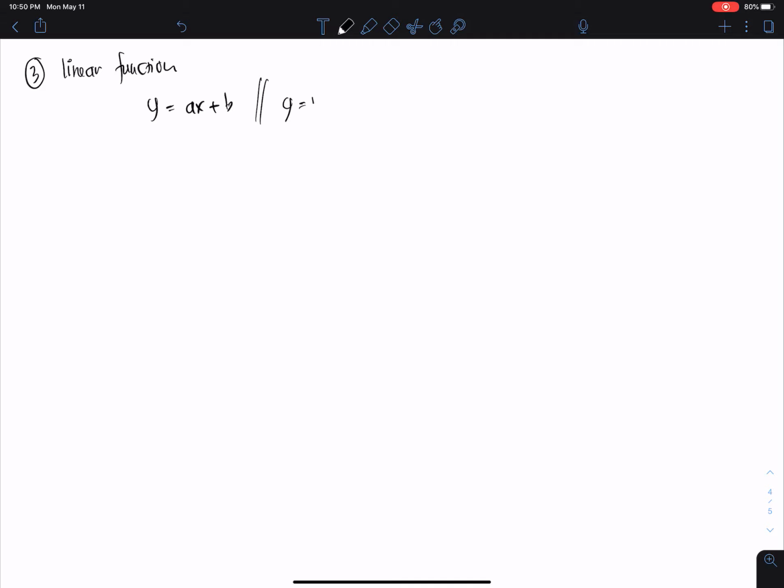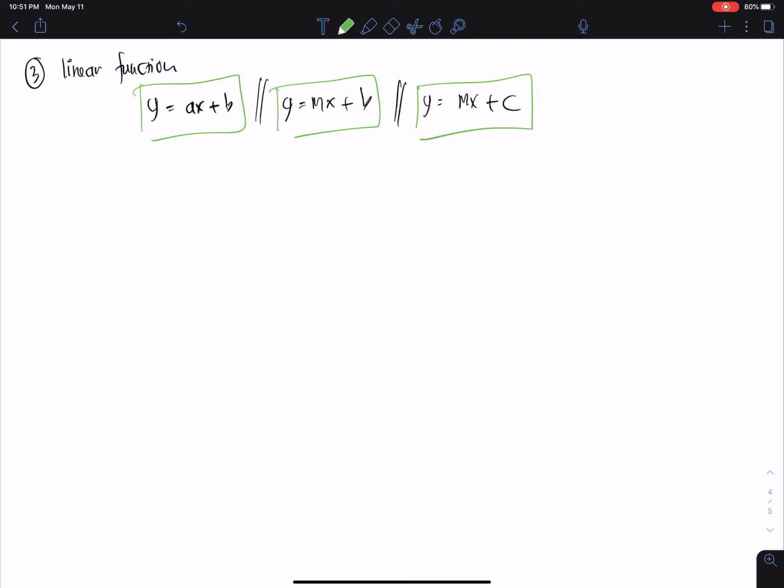Some other textbooks might write it as y equals mx plus b, or y equals mx plus c. Whichever you use, you can write it as ax plus b, mx plus b, or mx plus c. All three are just different ways to represent linear functions.